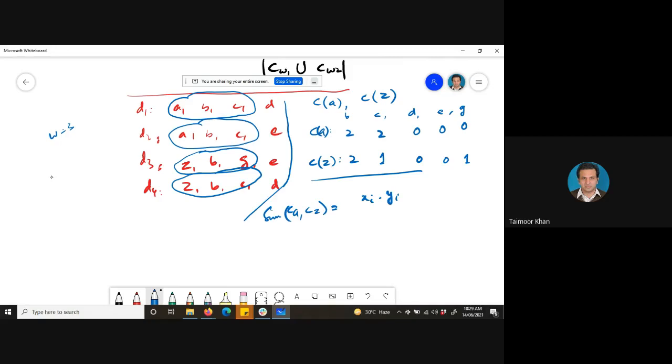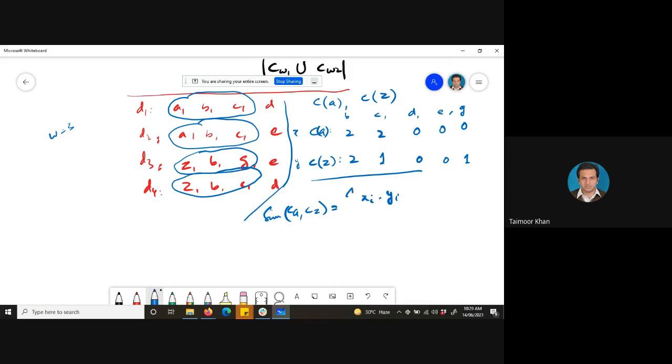Here we call this one x and this one y, okay. And i is basically these features that we have as columns, divided by, okay, so this could be the formula, and we have nothing in the denominator, we can just take the dot product like this.